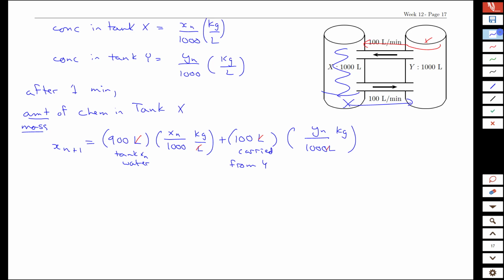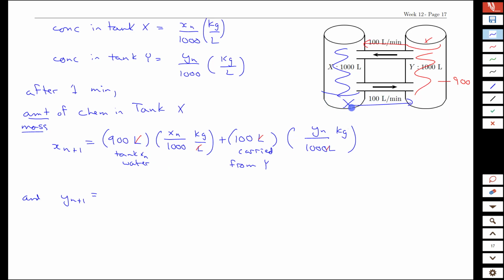Think through that. And then it wouldn't hurt to try to predict what we're going to get for yn plus 1. See if you can reason through that. It'll obviously have parallels to what we just did. Okay, I'm just going to clean that up there. So for yn plus 1, we're going to have 900 liters left of the other tank, but I'm going to put it in the same order.